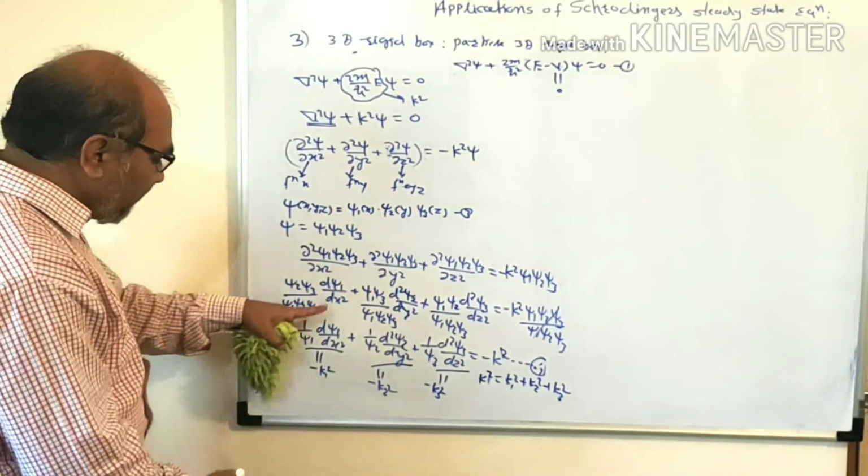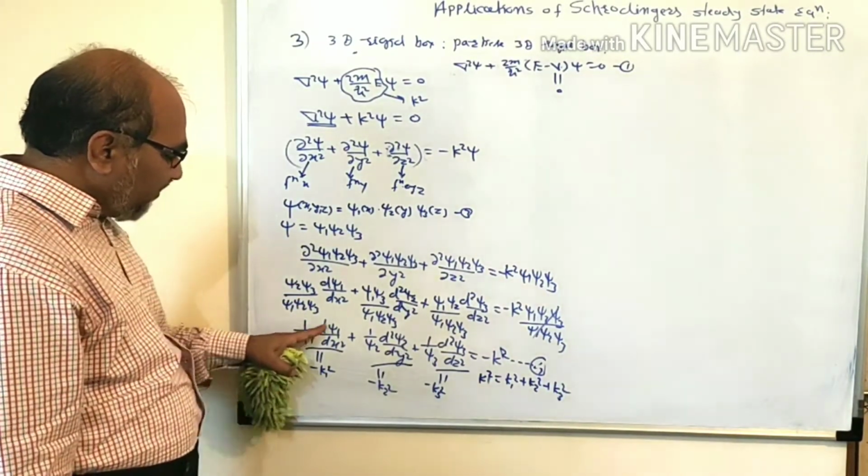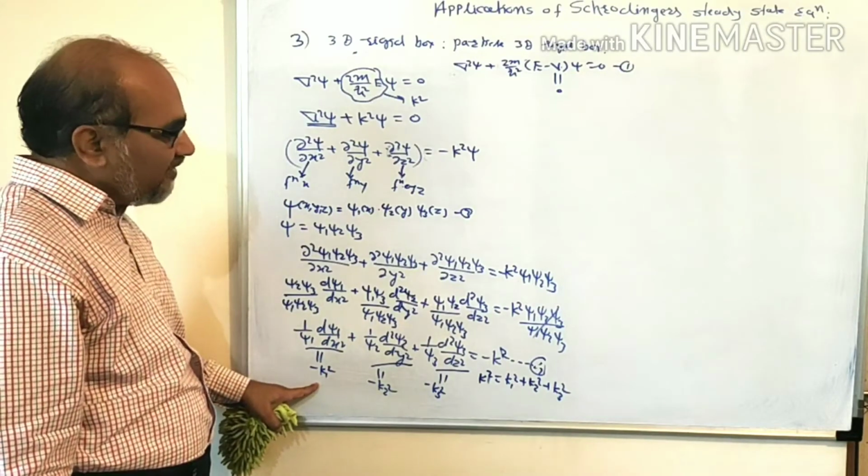We consider only the first term: 1/psi 1 ∂²psi 1/∂x² equal to minus k1².